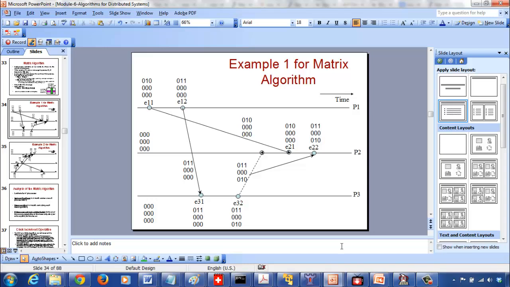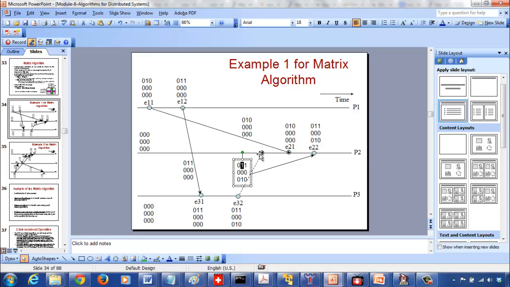Like in this case, when you send this matrix to P2, you are conveying through the second column what you know about the messages that were sent to P2, and you are telling that P1 has sent one message to P2, and P2 has not received that message yet. When you are trying to deliver the message here, P2 has not received anything so far.